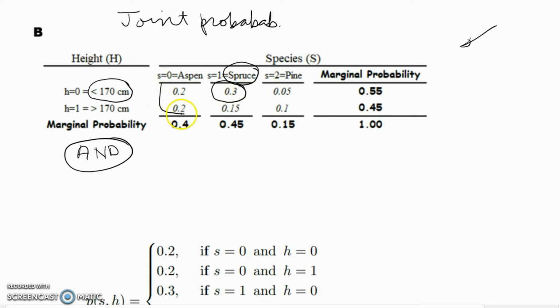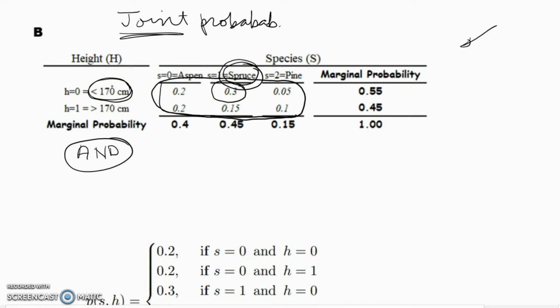So in the body of the table, all these values represent the joint probabilities. The probabilities of a randomly selected tree having some value of species and some value of height class.